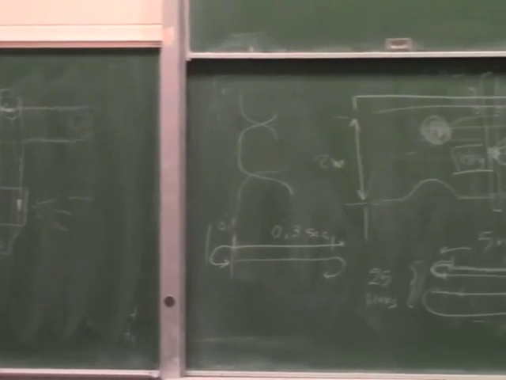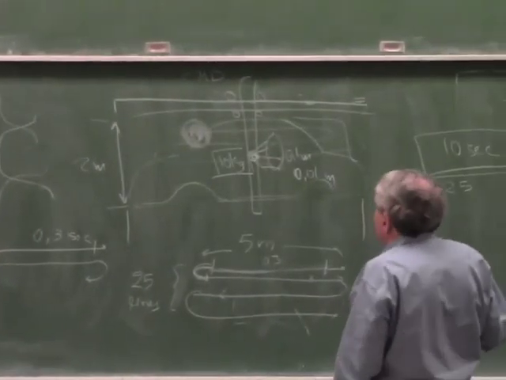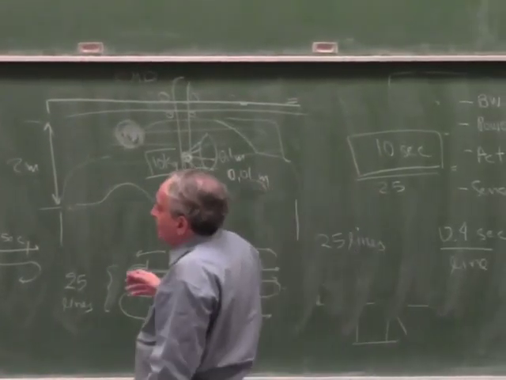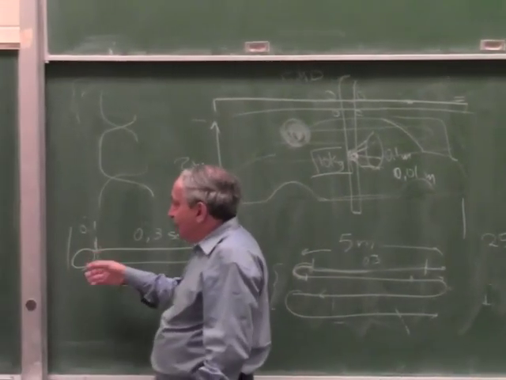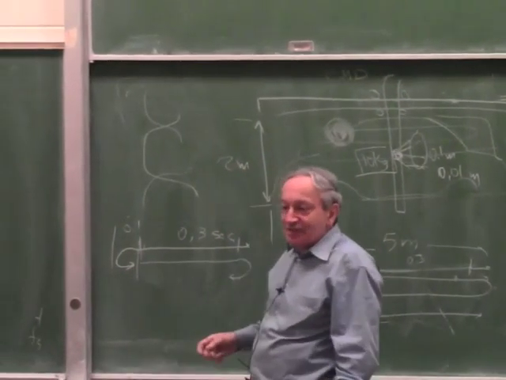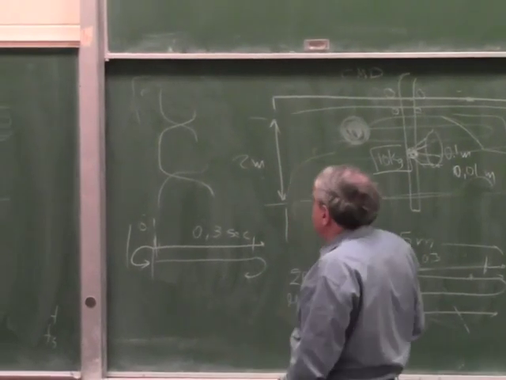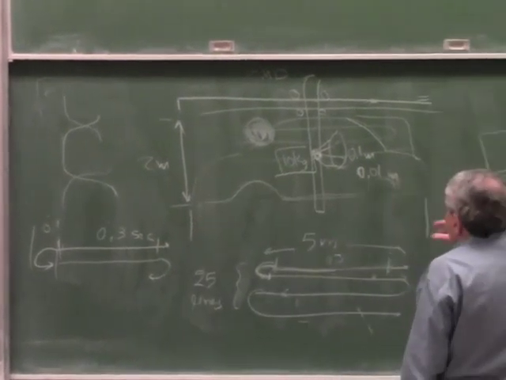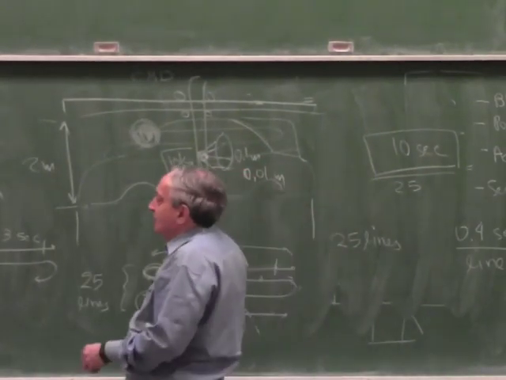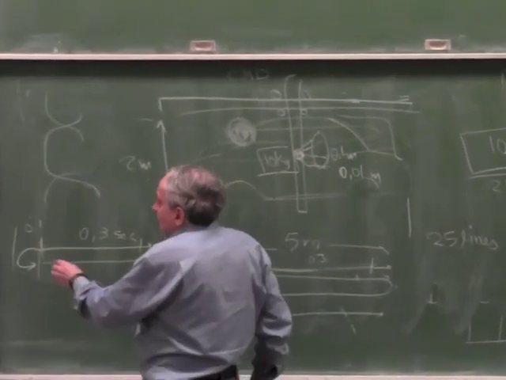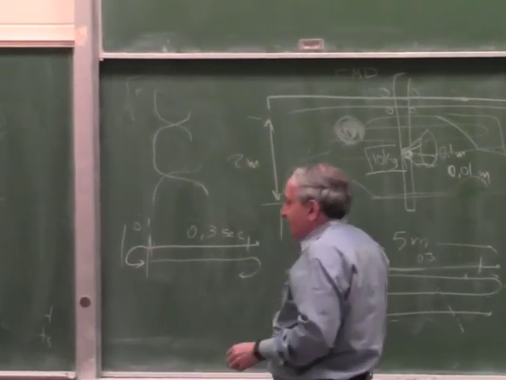Okay, so now we can start estimating how much bandwidth I need, because I can estimate both the force and the bandwidth. The force is easy. I have to take a mass of 10 kilo, bring it to a stop and reverse it in 0.1 second.